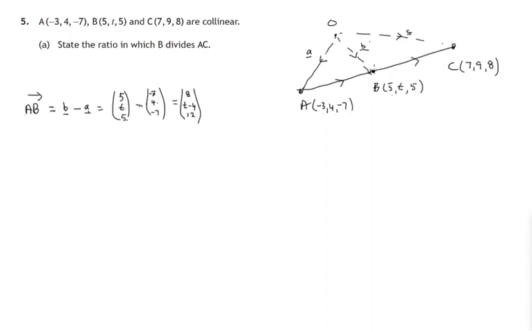Let's now look at the journey from B to C, because we really want to compare these two journeys to try and find a ratio of the lengths. So journey from B to C will be position vector C minus position vector B. Components of position vector C will be 7, 9, 8, same as the coordinates of the point C. And components of position vector B, 5, t, 5.